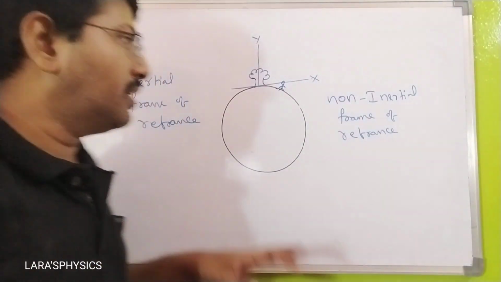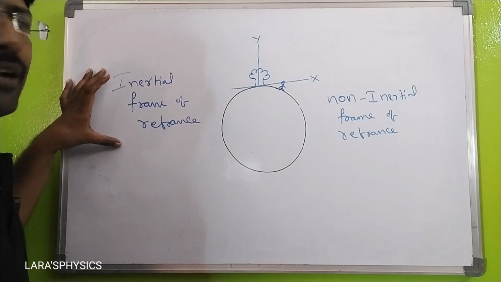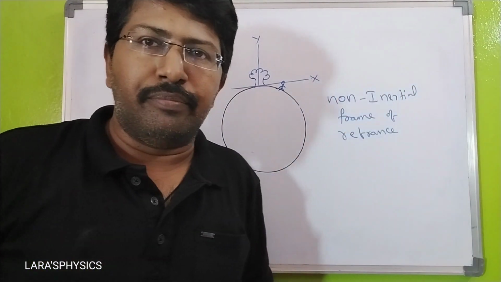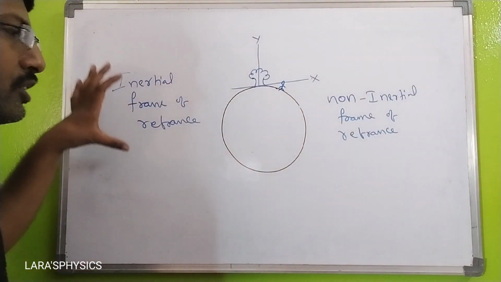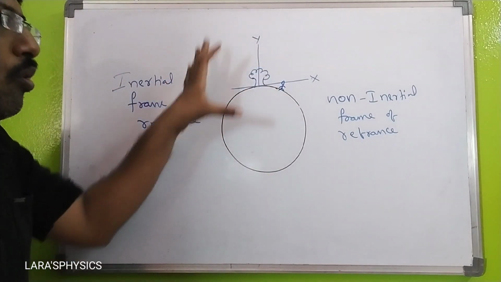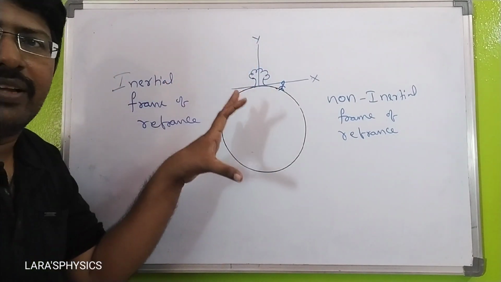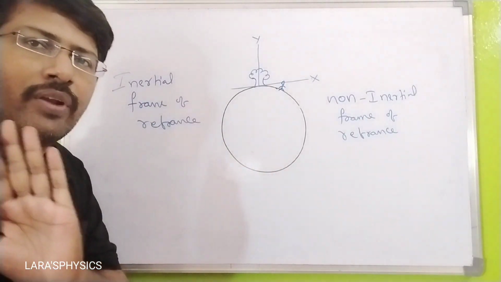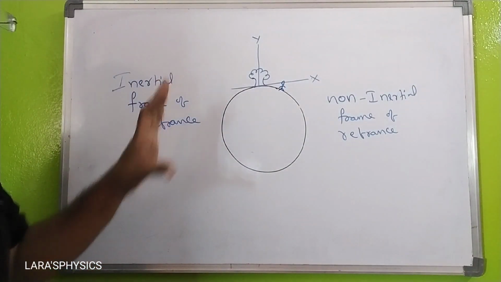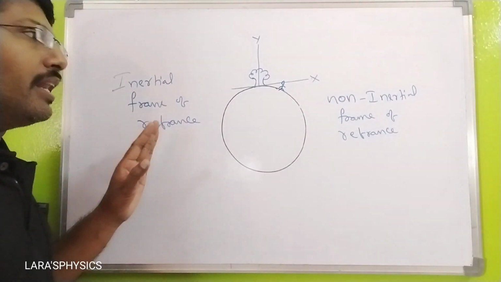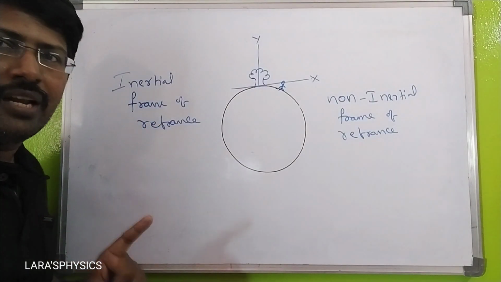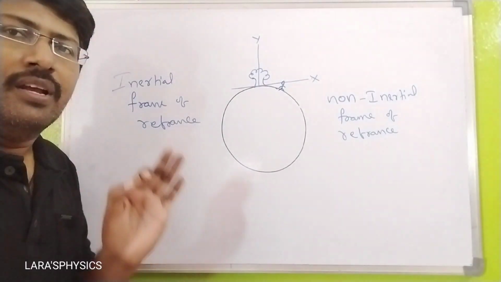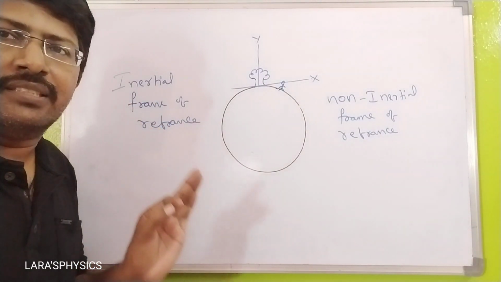Generally, frames of reference are divided into two types. First one is the inertial frame, second one is the non-inertial frame. In an inertial frame, a coordinate system or frame of reference is at rest or at constant speed without any acceleration. Here all Newton's laws are valid.